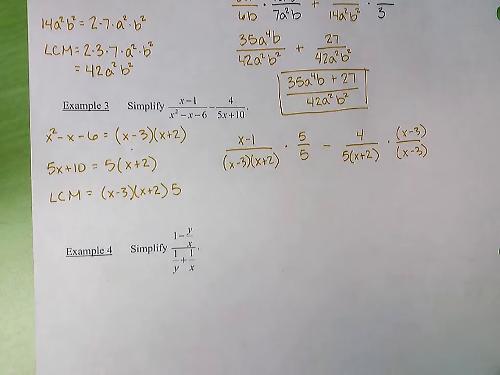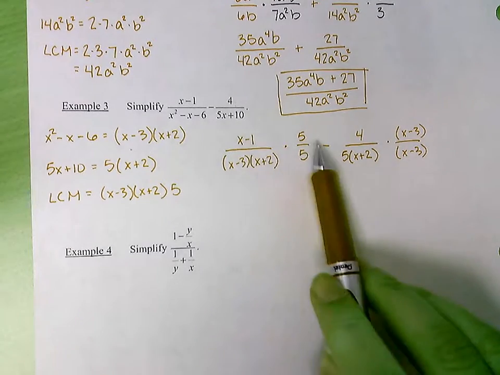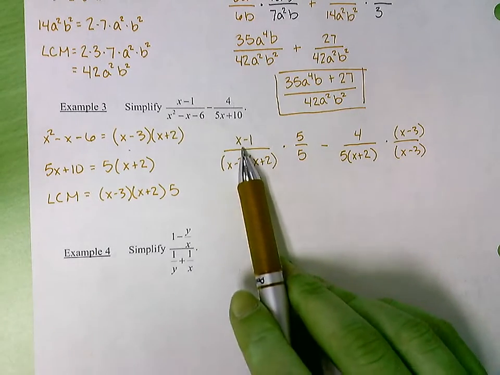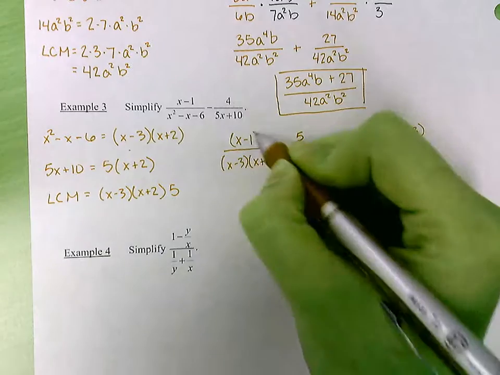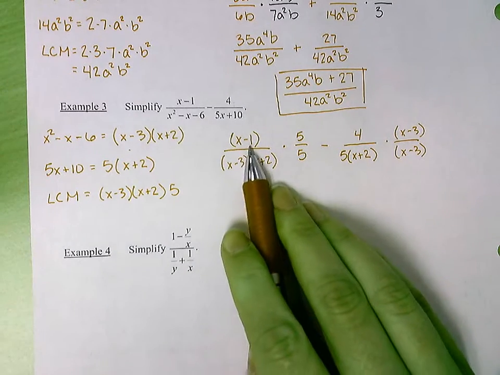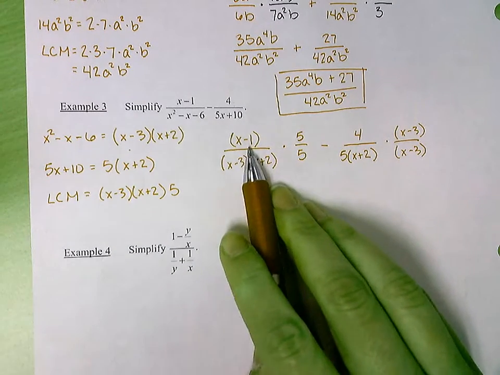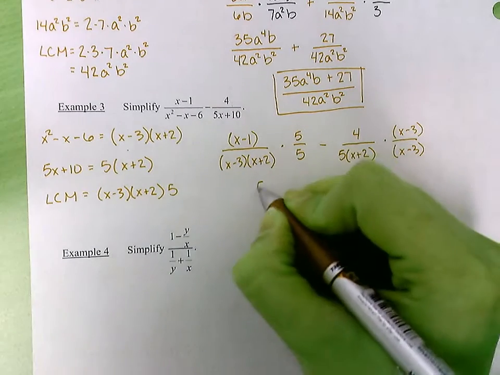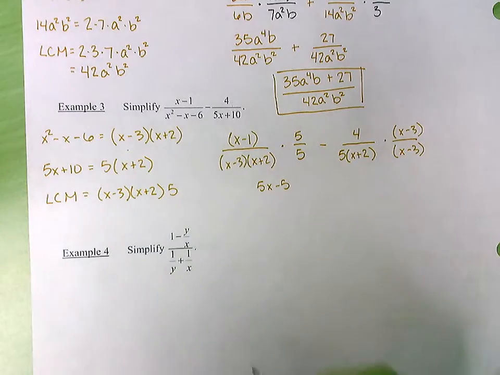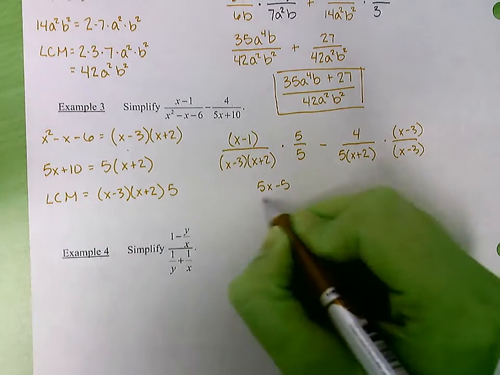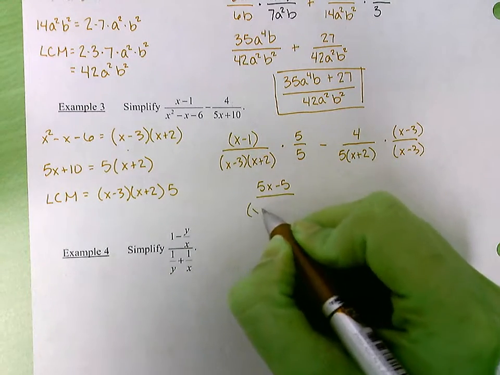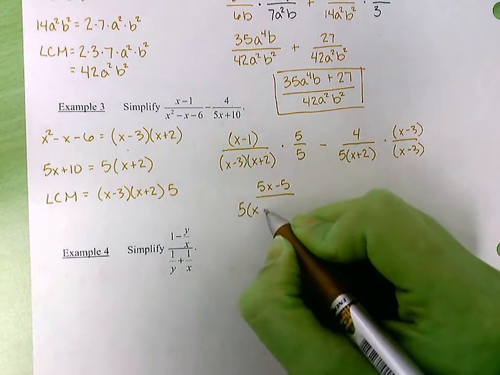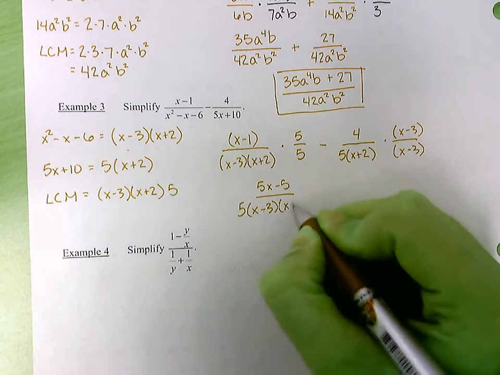Okay, so now I can start multiplying across. So I have 5 times x minus 1. Okay, you need to distribute that 5 to both terms. Okay, so 5 times x and 5 times negative 1. So we have 5x minus 5 over, there should be a 5 out front here, 5 times x minus 3 times x plus 2.